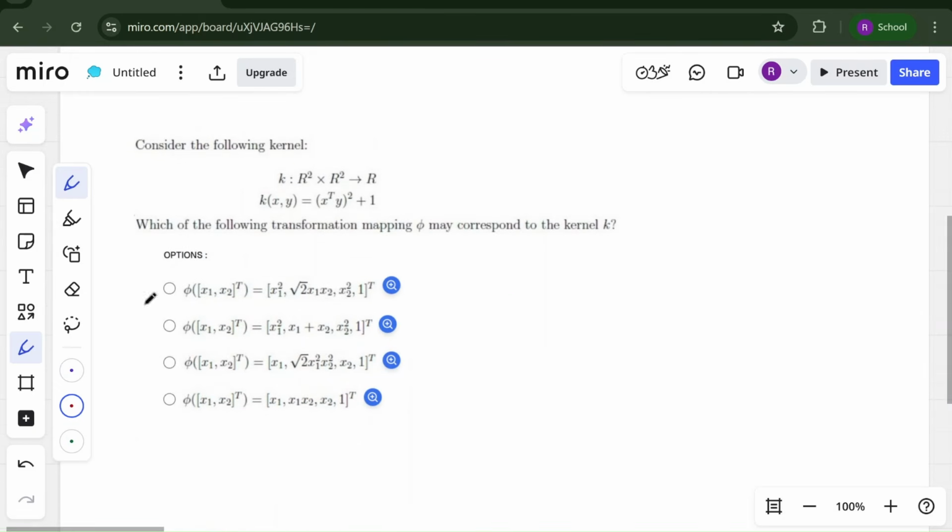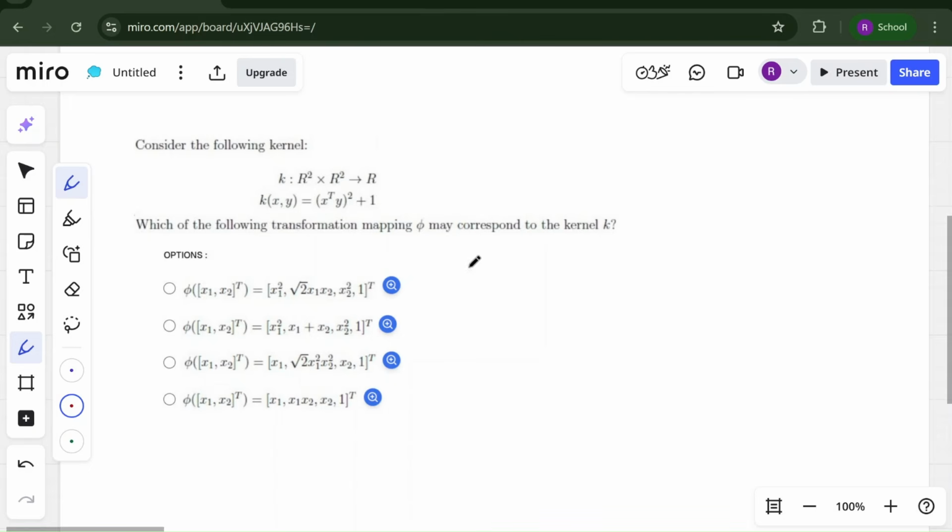Here we have another question along similar lines. It has given us the function (1 plus x transpose y) whole square, and they've asked what is the mapping phi which corresponds to this. Now this is also straightforward.